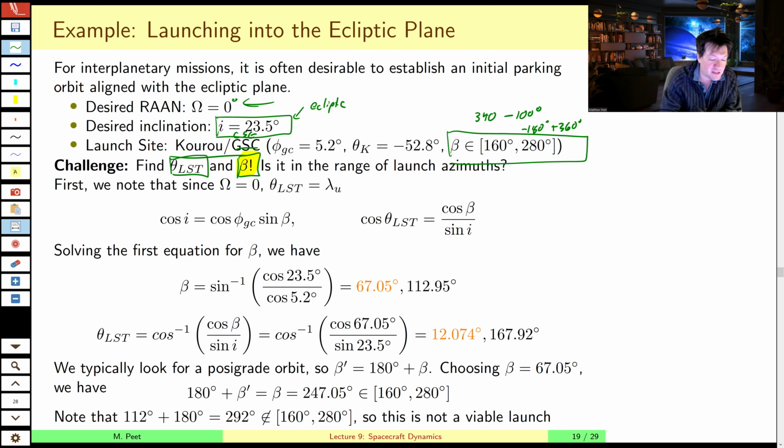If we draw a little picture here, one of the reasons that Kourou, or Space Center Guyana, is so popular is because it's almost on the equator.